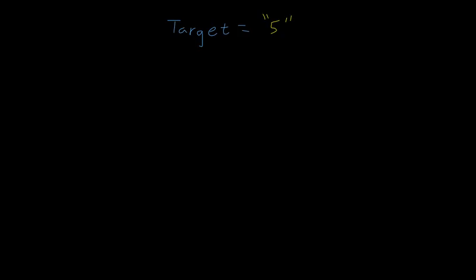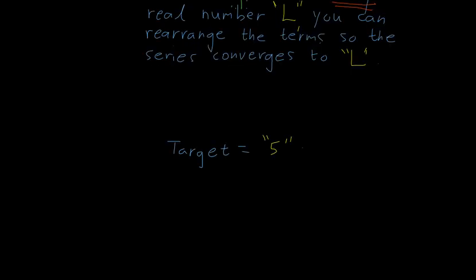Again, what I want to do is start adding the positive terms until the partial sum goes above 5.